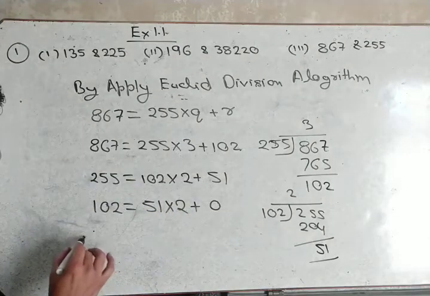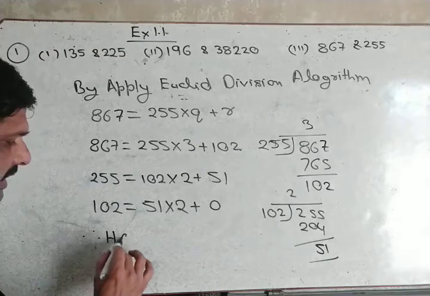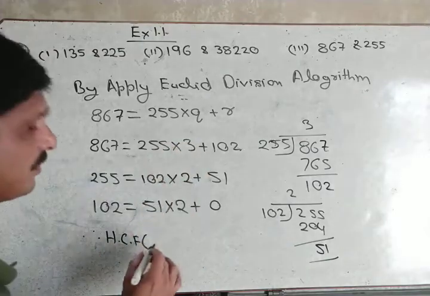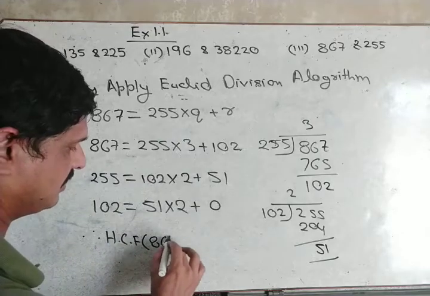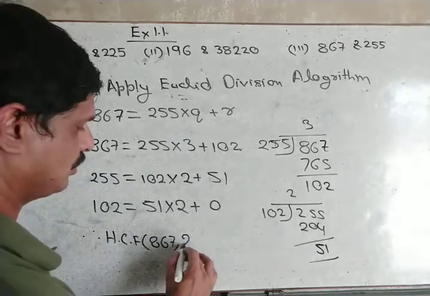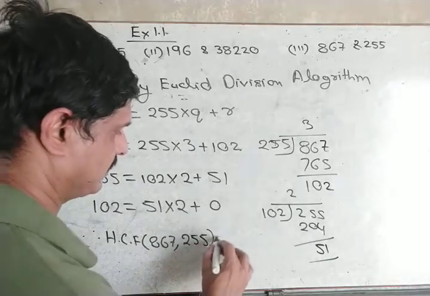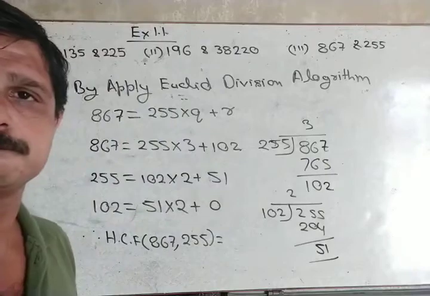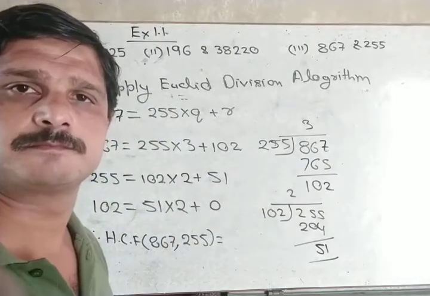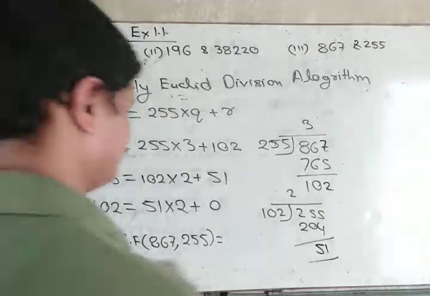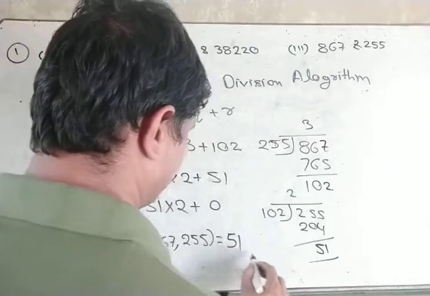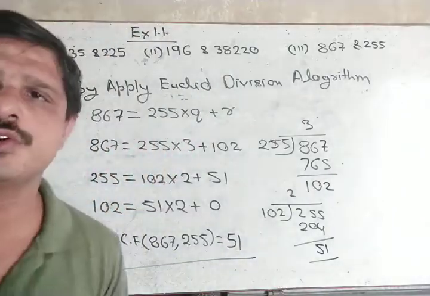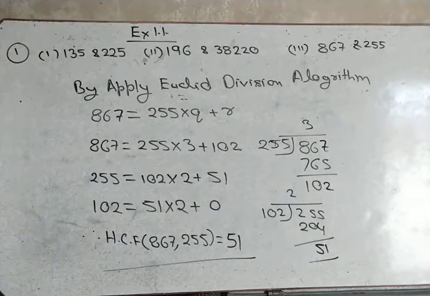Therefore, HCF of 867 and 255 equals 51. This is the first question of NCERT. Now please pause the video and note it down. We proceed to the second question.